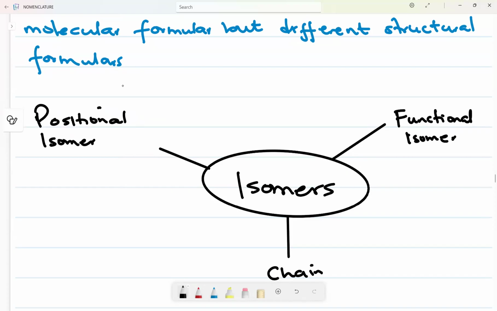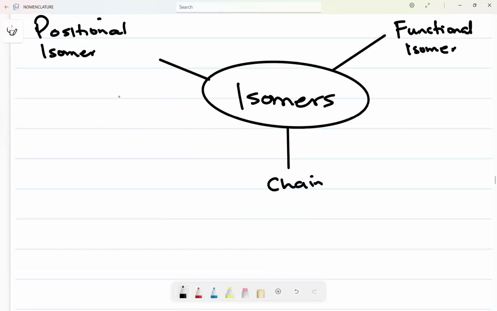Now we are saying isomers are compounds with the same molecular formula, but different what? In this case, this one will have different position of a functional group.